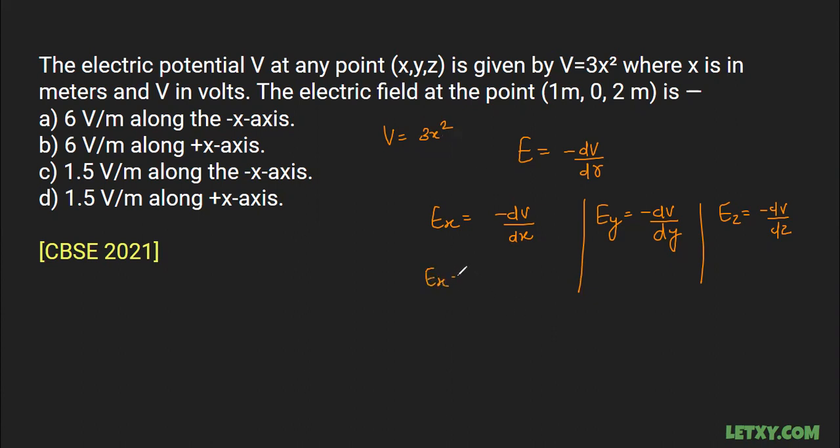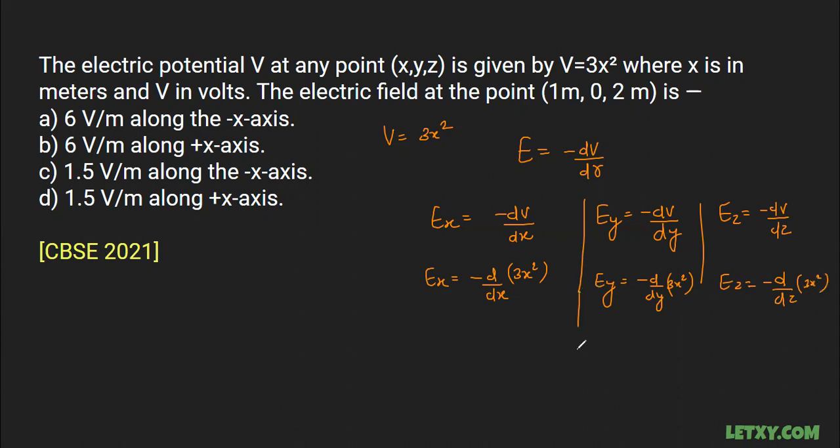So Ex equals minus d upon dx of 3x square. Ey equals minus d by dy of 3x square, and Ez equals minus d by dz of 3x square.